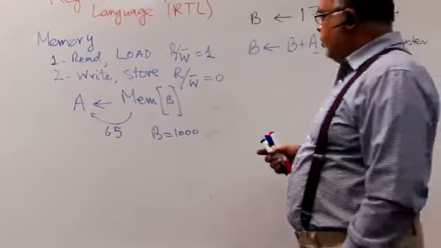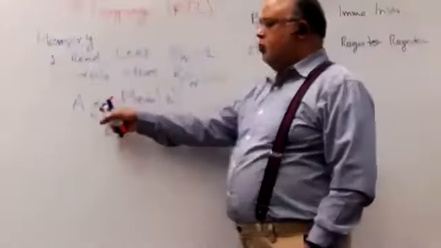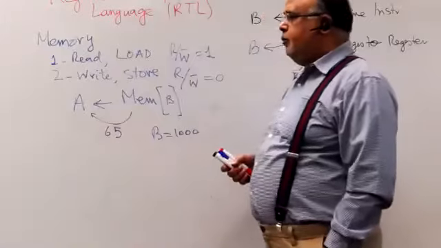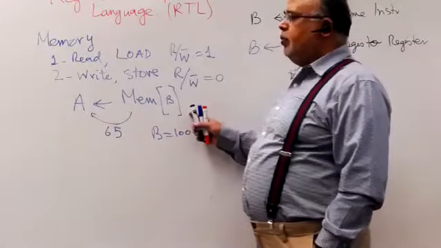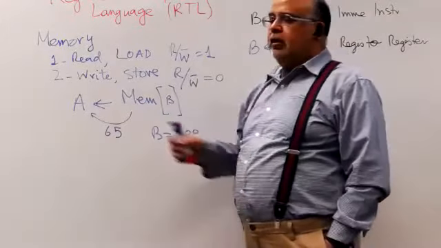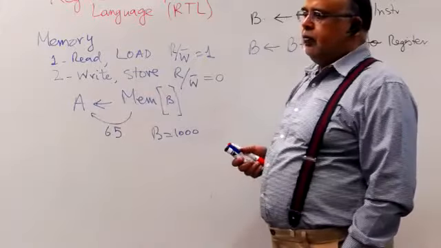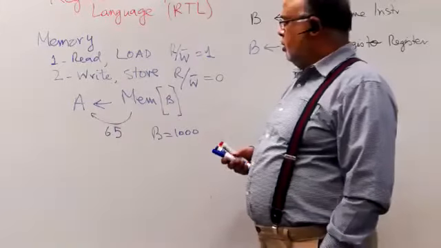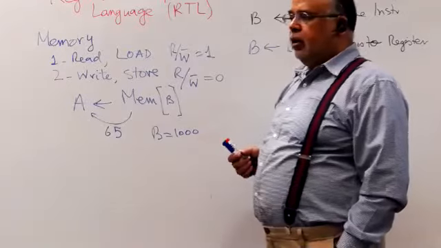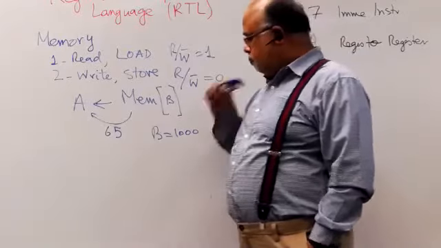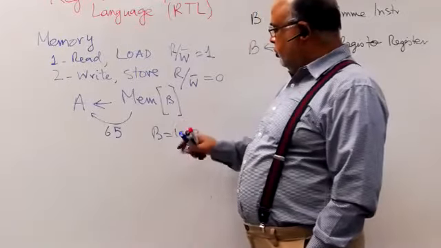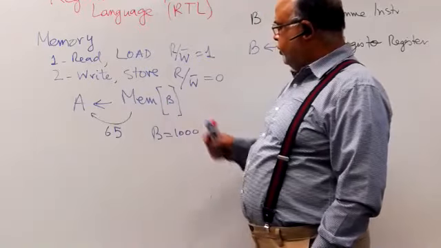Every variable has two things associated: its pointer in memory, and the value in that memory location. The pointers are a must. Here, B is being used as a pointer register.